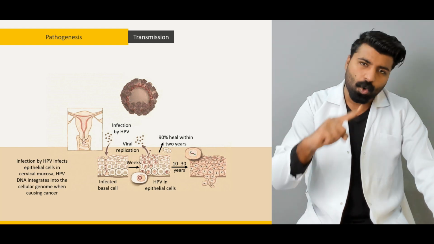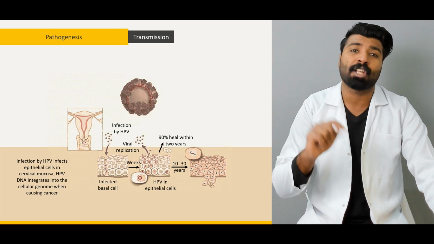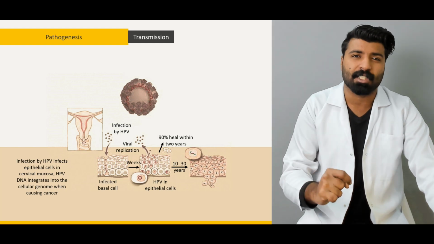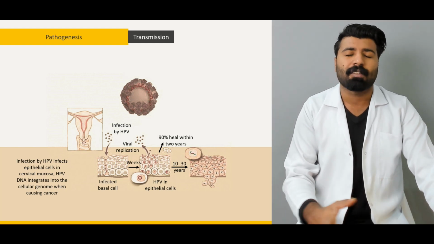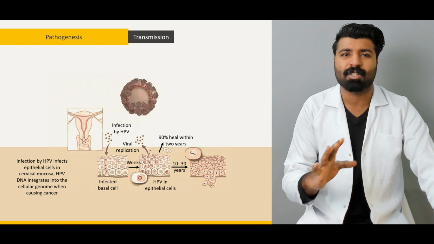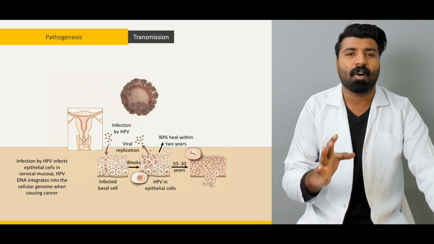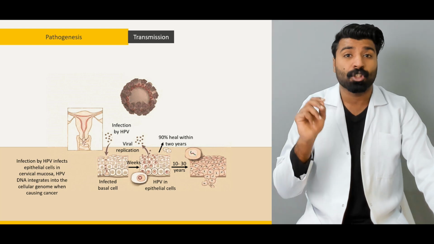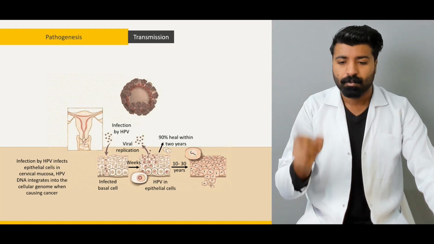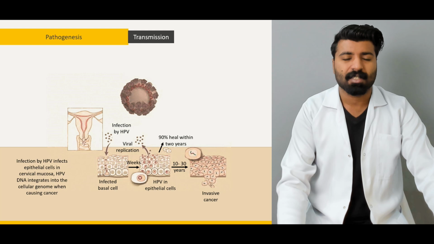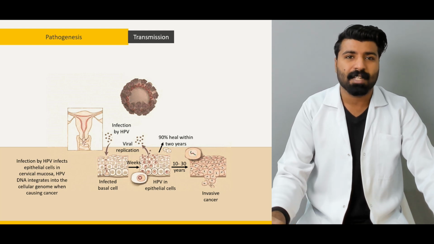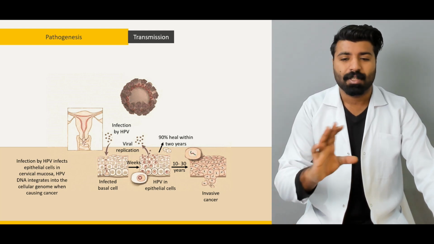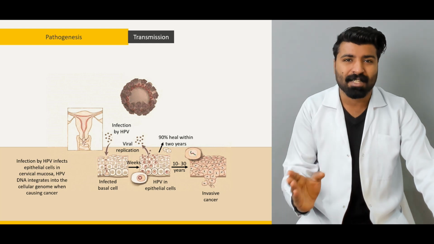This pathology goes on. It takes 10 to 30 years. It does not happen overnight. It's a very slow organism. It does not replicate on its own at a very high speed. It takes a lot of time. So in 10 to 30 years, you will have this cancerous cell. You will have this invasive cancer. So this is all about the pathogenesis of it.